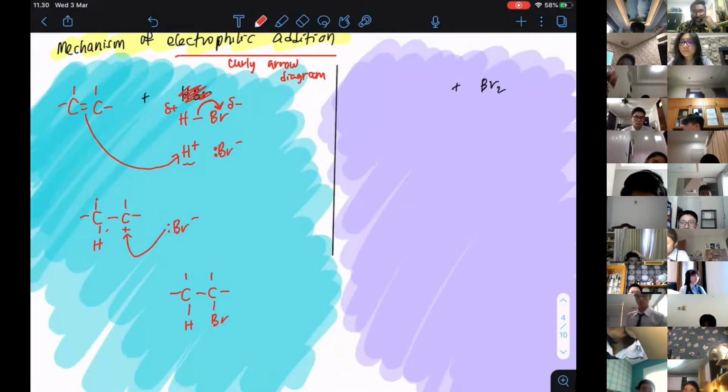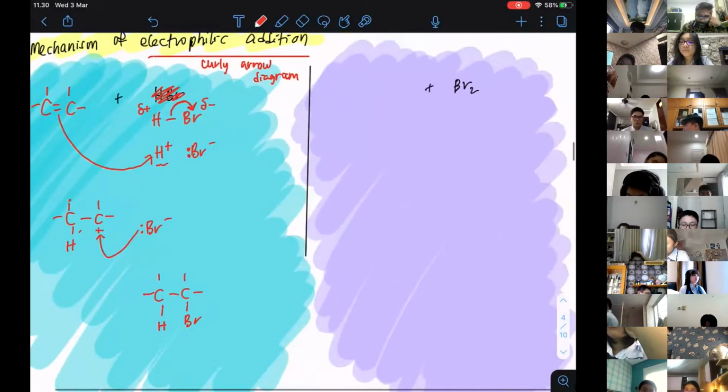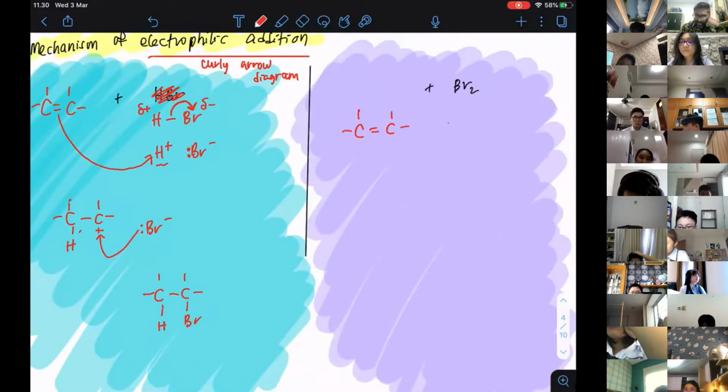Now, I will show you a similar reaction for Br2. Br2 is going to be slightly different, because Br2 is non-polar. So how does it become partially positive and partially negative?